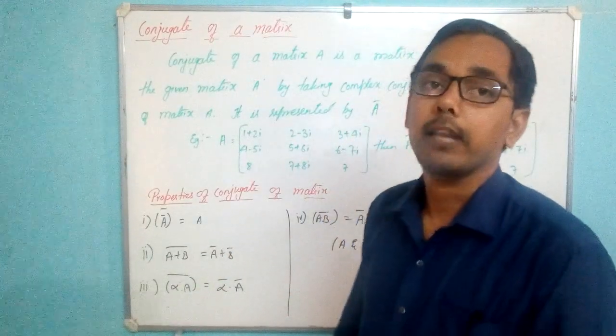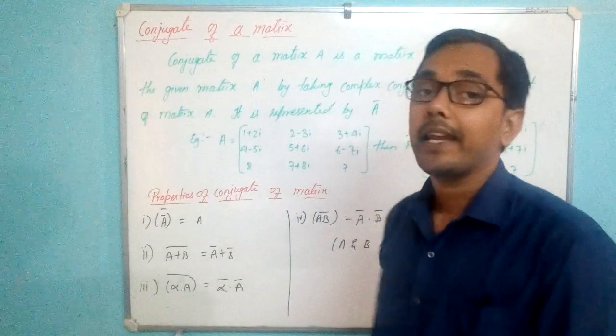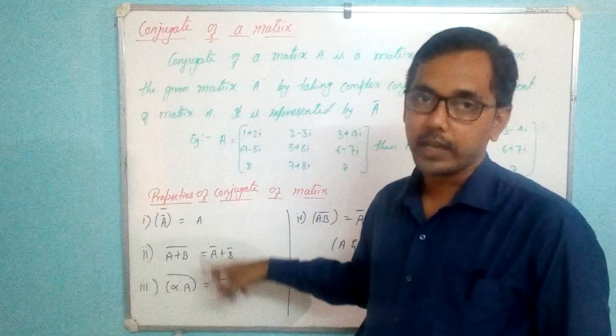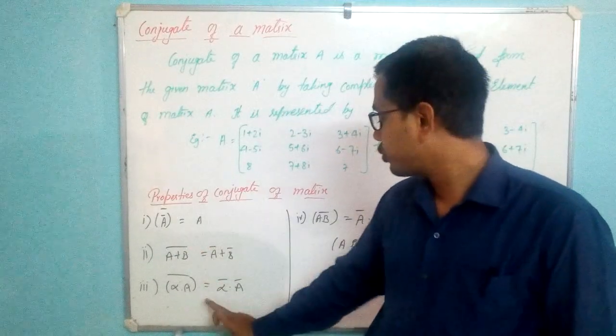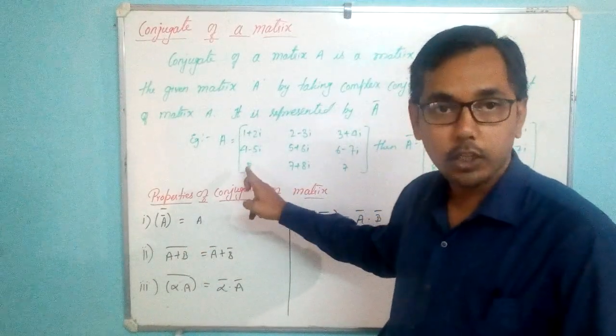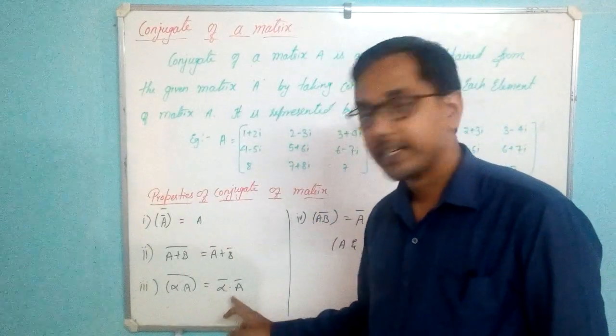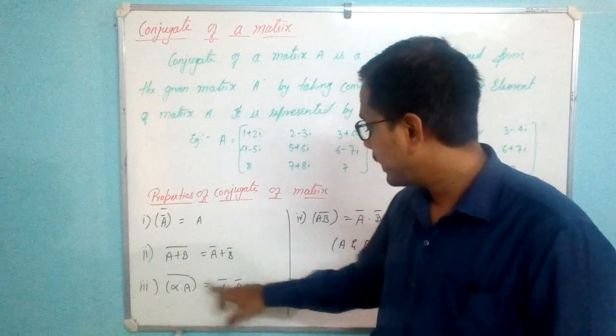What is alpha? Alpha is any number, right? You cannot simply write it as alpha. You have to write it as alpha conjugate. Why? Because we are taking the conjugate for alpha also. Of course it remains the same, that is another thing, but still you have to write it as alpha conjugate into A conjugate.